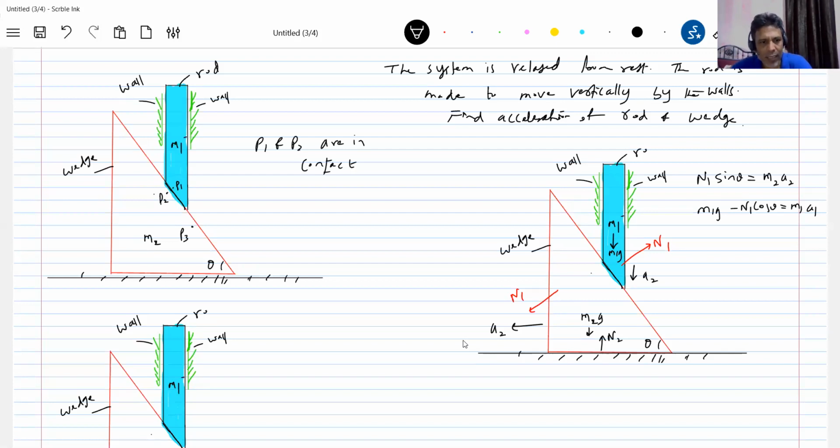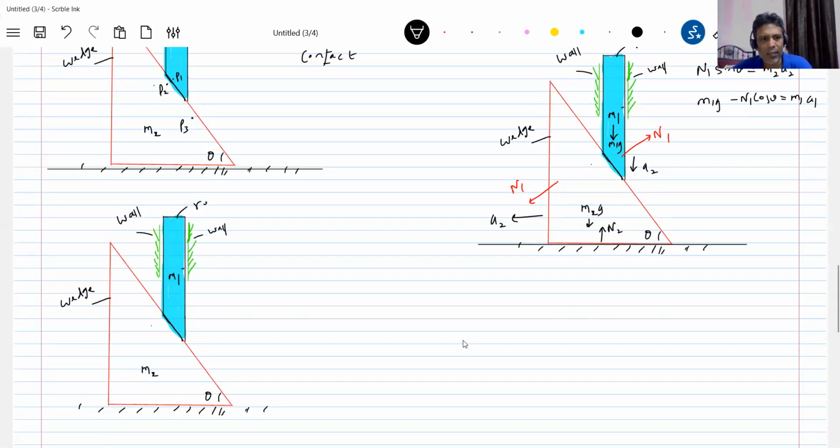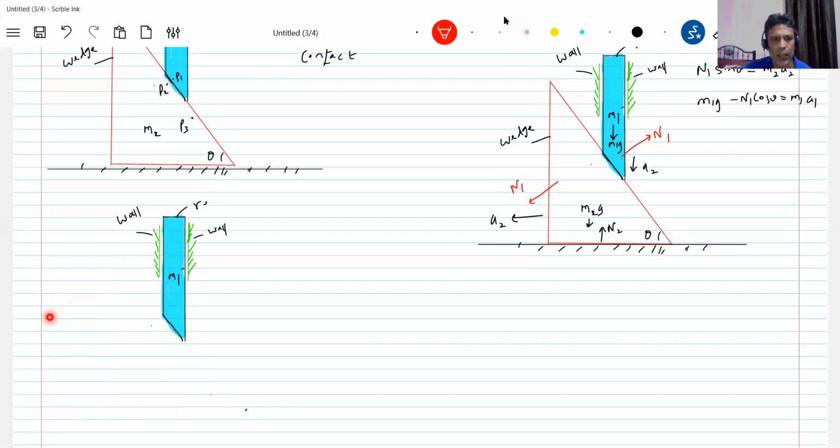Okay, now let's come to the second diagram. The wedge will move towards the left.